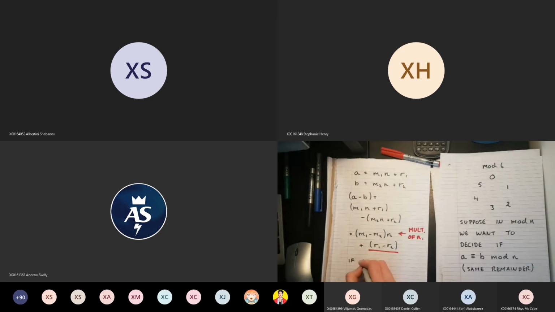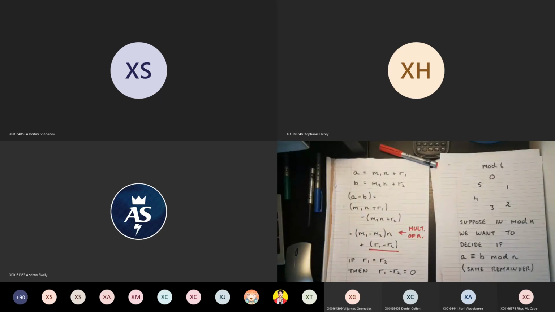If r1 is equal to r2, then necessarily r1 minus r2 must be equal to what? Any guesses? If two things are equal, what's one minus the other? 0, right?